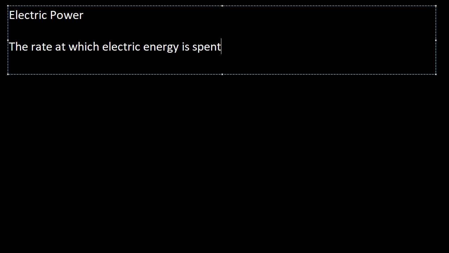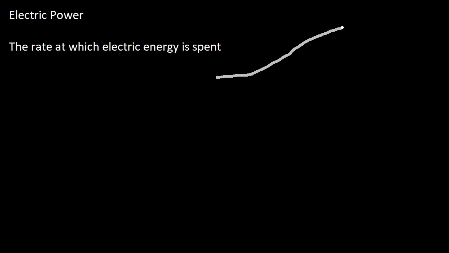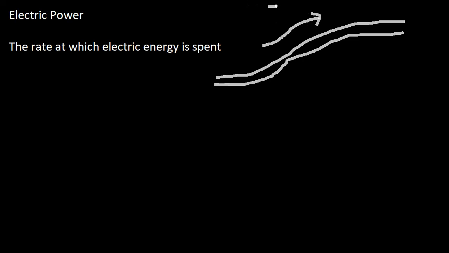So we can understand it in this manner. Suppose we have a wire having some electric current passing through it, and let the electric current passing through the wire be of magnitude I. We have seen that the current heats up this wire, and the heat generated is equal to I squared R T, where T is the time for which the current flows through the wire.